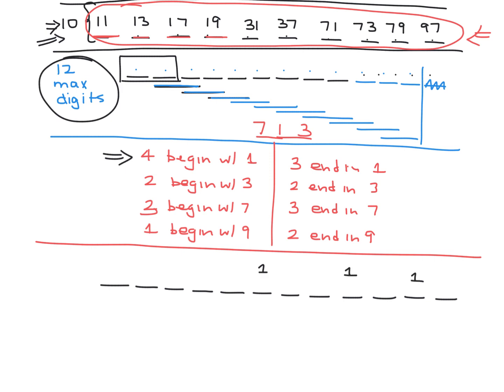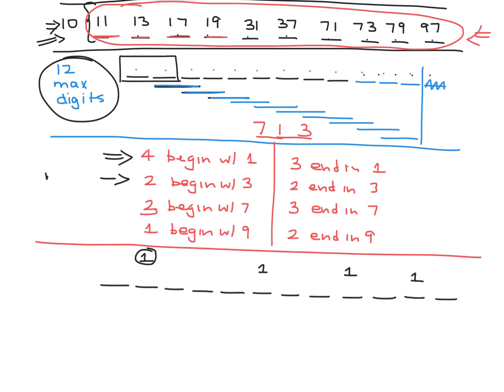I'm just kind of playing around here. But 4 begin with 1, so that means that 1 has to go there. You see what I mean? Because this one doesn't have anything to match with, so I'm pretty confident that will go there.